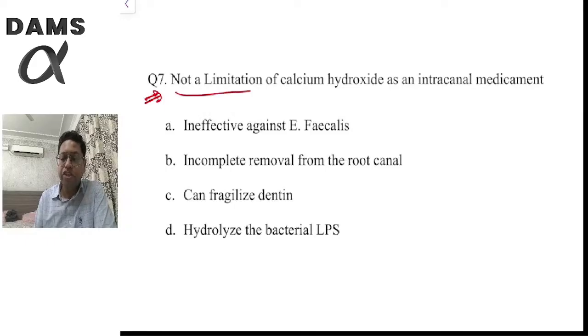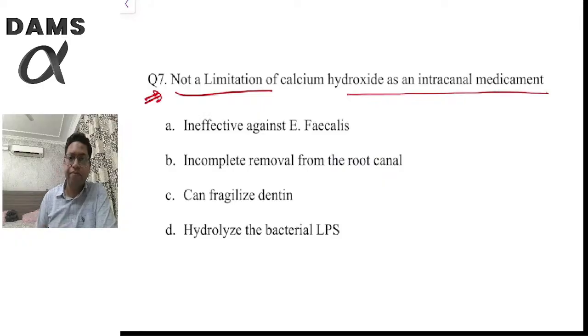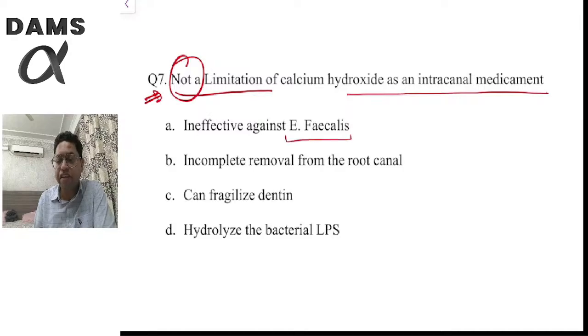Not a limitation of calcium hydroxide as an intracanal medicament. Not a limitation means we are dealing with the limitations of calcium hydroxide. It is ineffective against Enterococcus faecalis. Definitely it is a limitation of calcium hydroxide that it is not effective against E. faecalis.